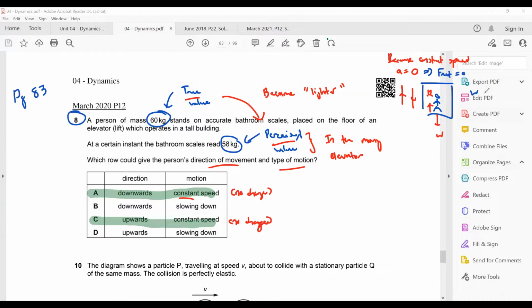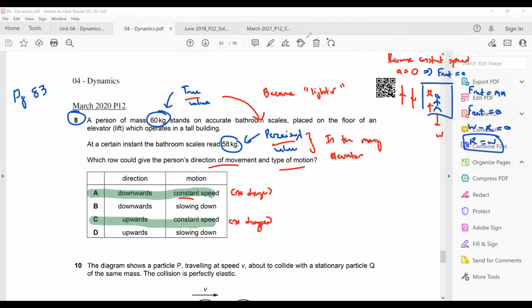That means W will be equal to R. F net equals ma, F net equals 0. So W minus R equals 0, R will be equal to W. There will be no change.